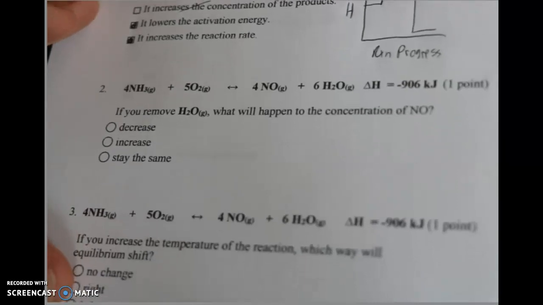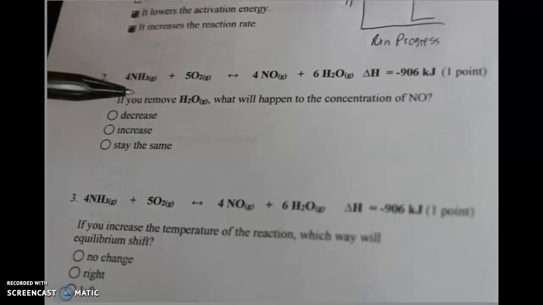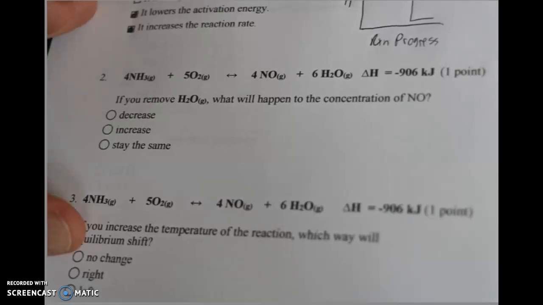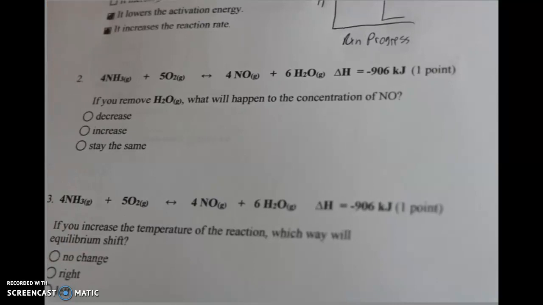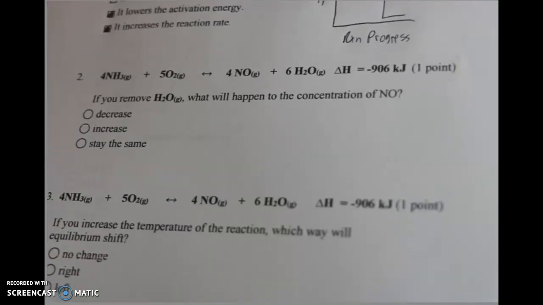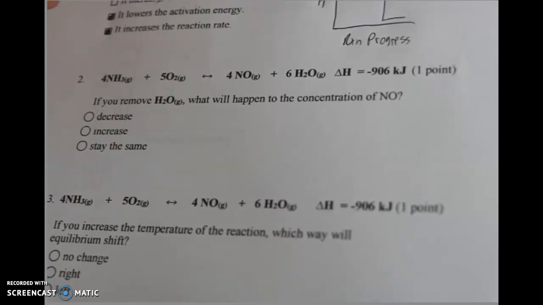This next question is a Le Chatelier's question. If you have this reaction and you remove H2O gas, what will happen to the concentration of nitrogen monoxide? So in this example, when a reaction is in equilibrium, if you impose any kind of stress on that system, the system is going to try to minimize that stress.